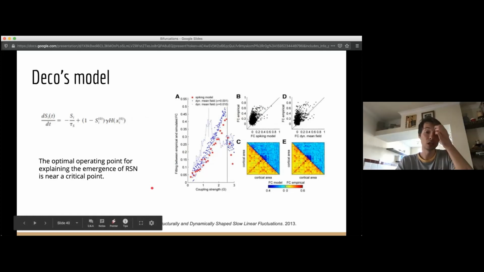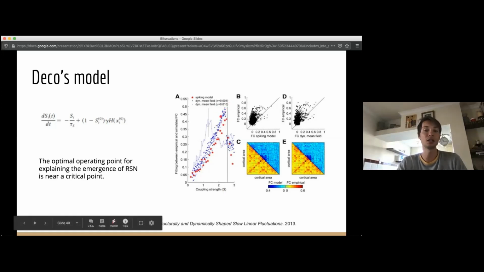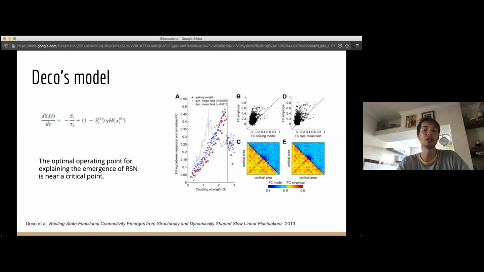If you want to learn something about why that is and why this is useful, again, I refer you to this article, which is quite easy to follow, but it also explains that based on information theory, which is a mathematical framework that basically describes what are the conditions in which information transfer from one point to another is optimal. And apparently that's the point that gives the best match between the model and the actual data in this case.